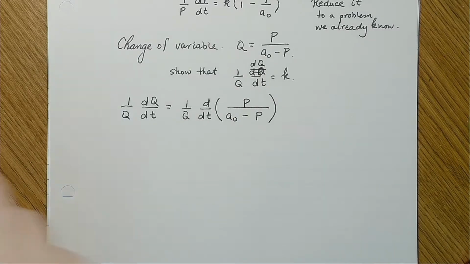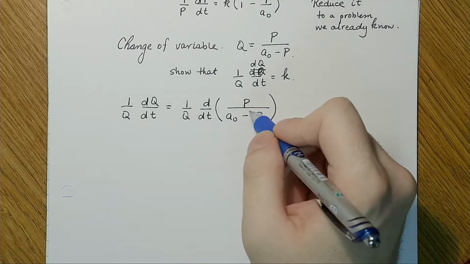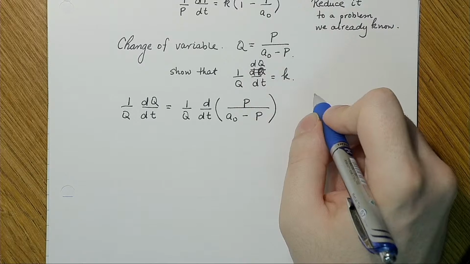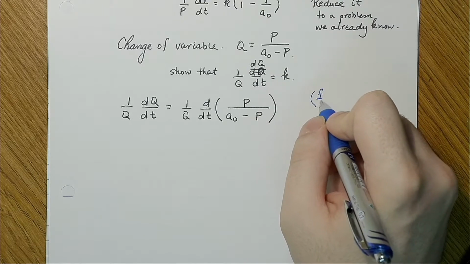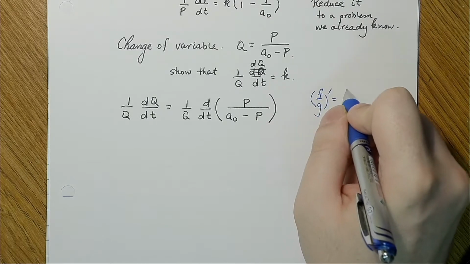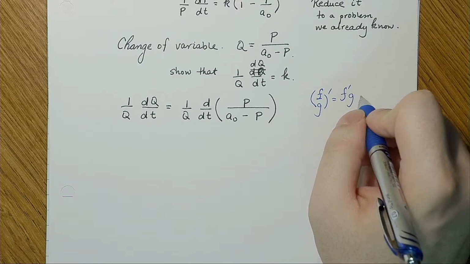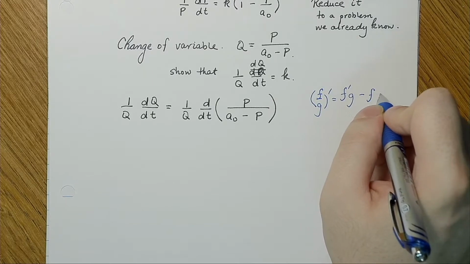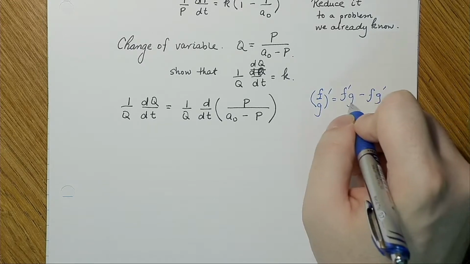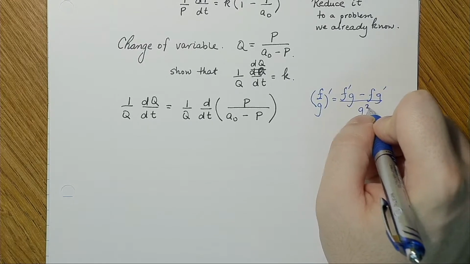And now I have to differentiate this. So I have to use my quotient rule, which is the derivative of the top times the bottom minus the top times the derivative of the bottom, all over the bottom squared.